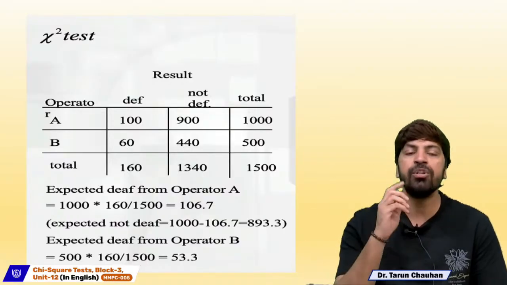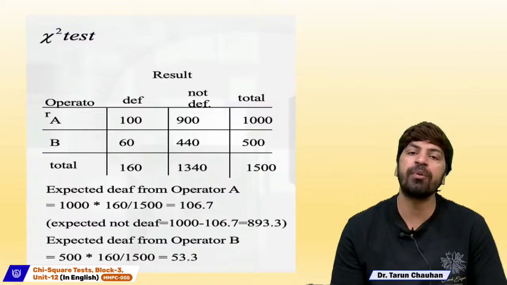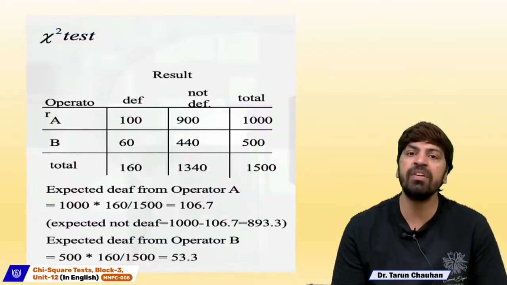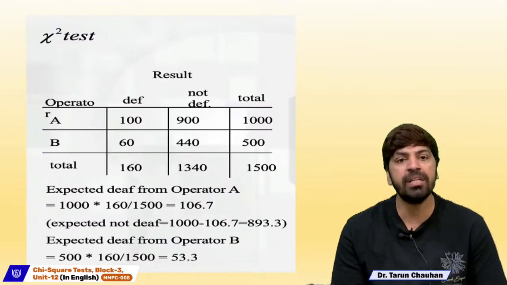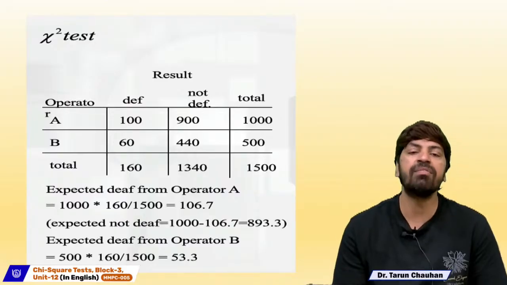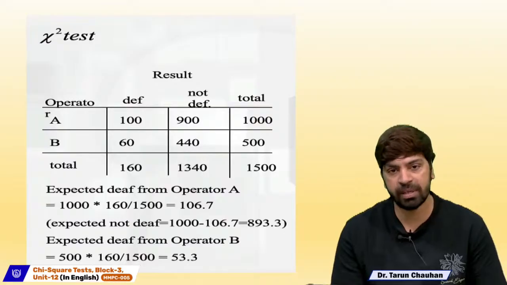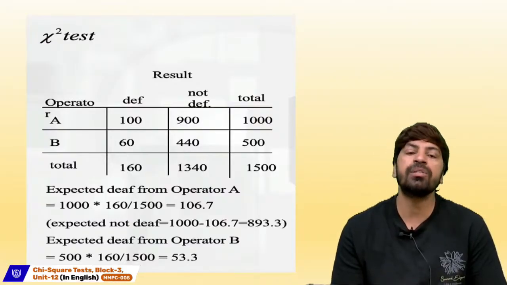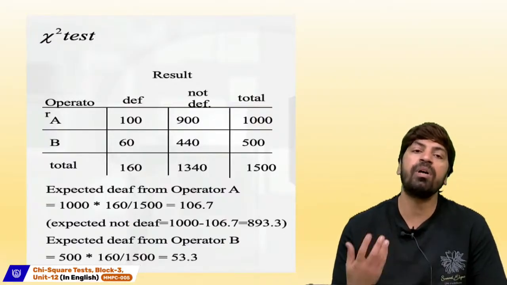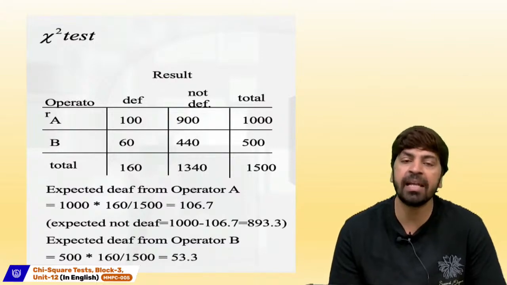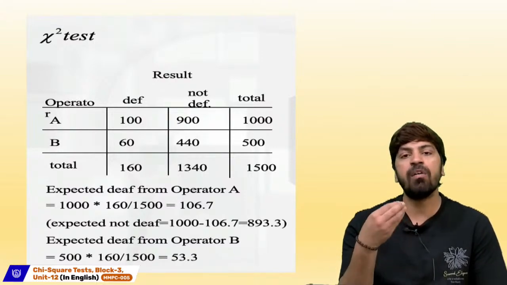That means the total of row of operator A in case of defective is 1000 into 160 by 1500, which is 106.7, right?